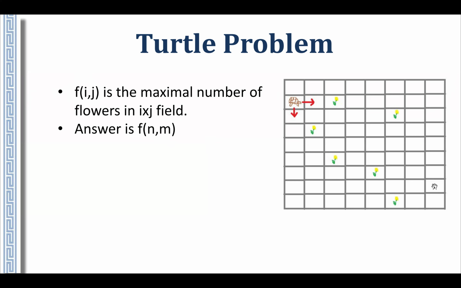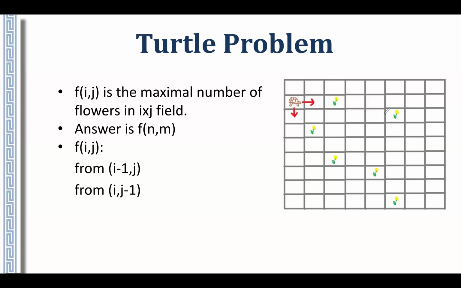Now we should understand what is the way to compute cell i, j. As it was for the grasshopper, we should understand from which positions we can come to position i, j.